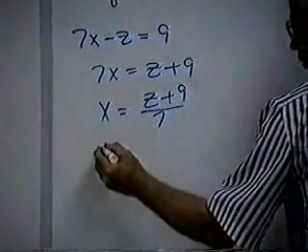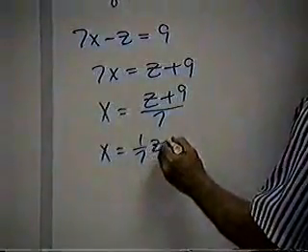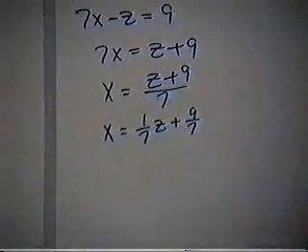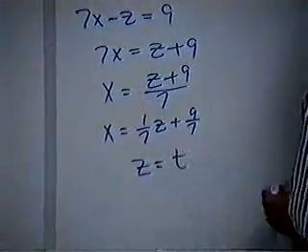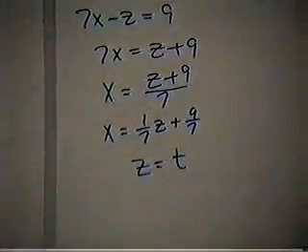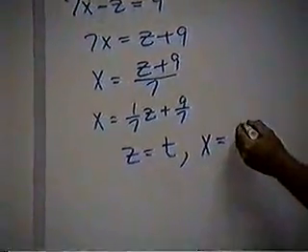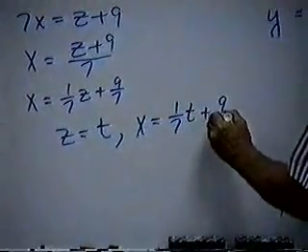Or we'd have x is equal to 1/7 z plus 9/7. Now in this case, we let z be equal to t or a or whatever letter you want to use. And therefore, x then is equal to 1/7 t plus 9/7.